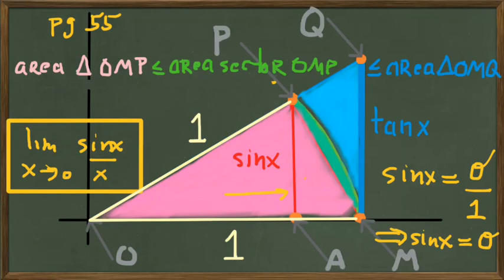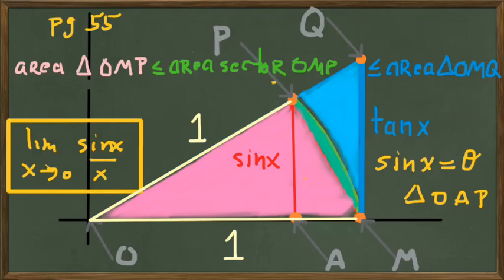So sine x equals the opposite side of this triangle, and therefore this side of the triangle is sine x. And just to be clear, the triangle we are referring to, with this side as its opposite and this side as its hypotenuse, is the triangle OAP.